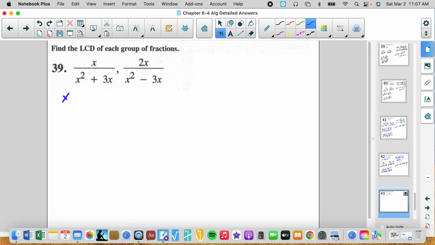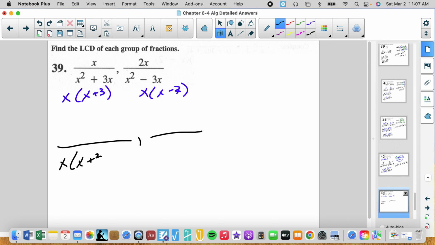Now, I would definitely write out its prime factorization, but I can tell what the common denominator is going to be. Common denominator is going to be x times x plus 3 times x minus 3. And that's where we're getting to for high school. By the time you get in high school, you should be able to do this. You should see, and that's going to be x times whatever it's missing, x minus 3.